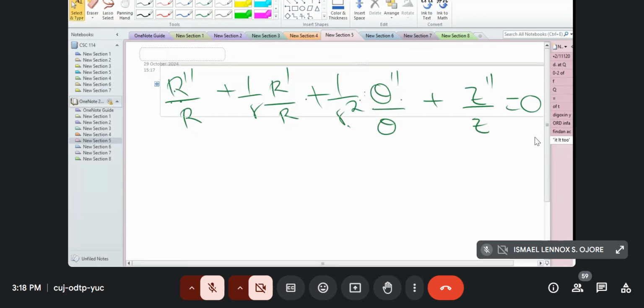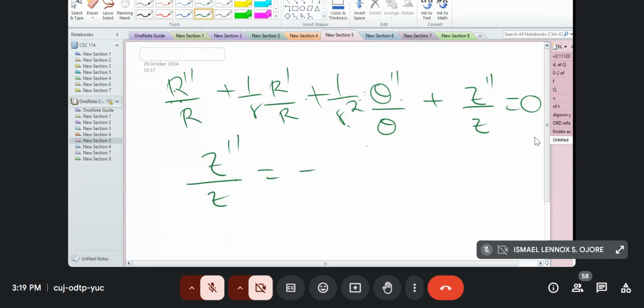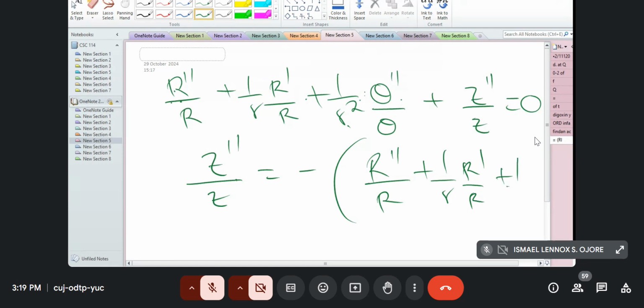We're now good to separate the variables. Z double prime divided by Z equals minus R double prime over R plus 1 over r R prime over R plus 1 over r squared Theta double prime divided by Theta.